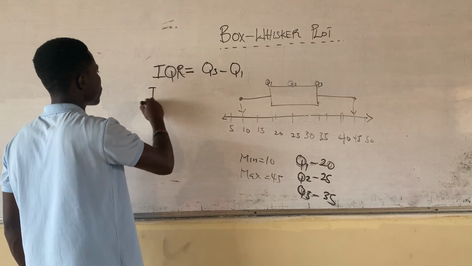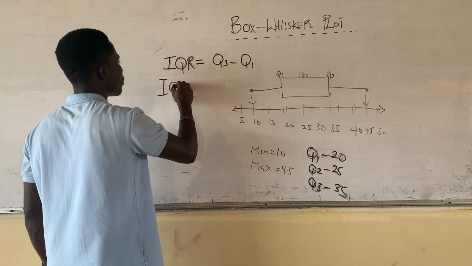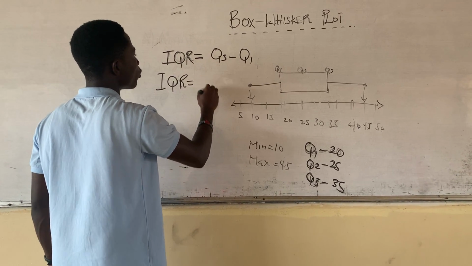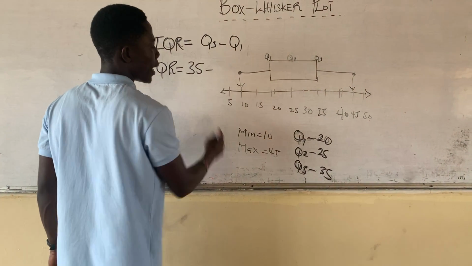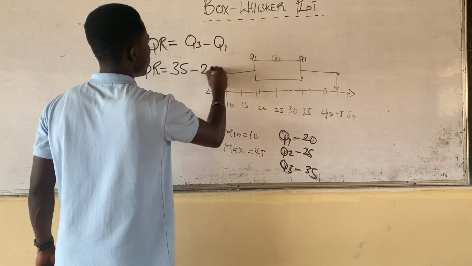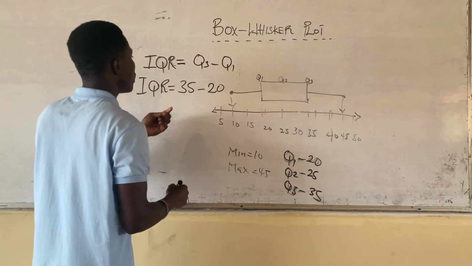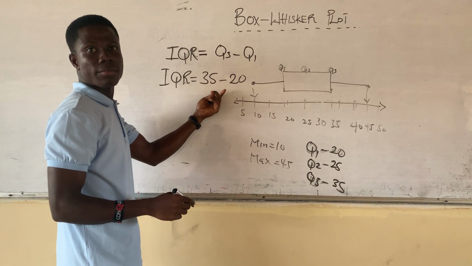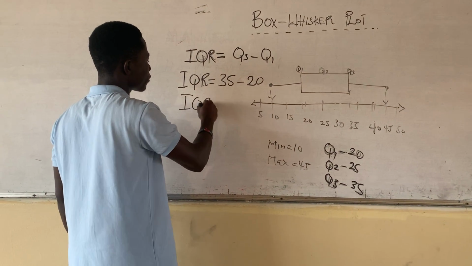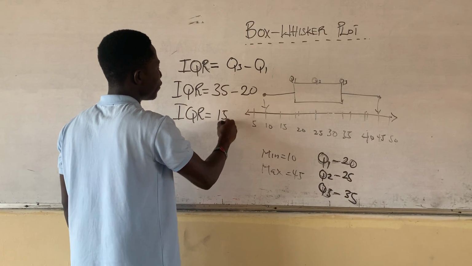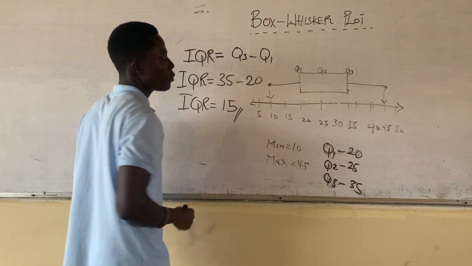So IQR is equal to the third quartile, 35, minus the first quartile, 20. So 35 minus 20 gives us 15. Now our interquartile range becomes 15. So 15 becomes our answer.